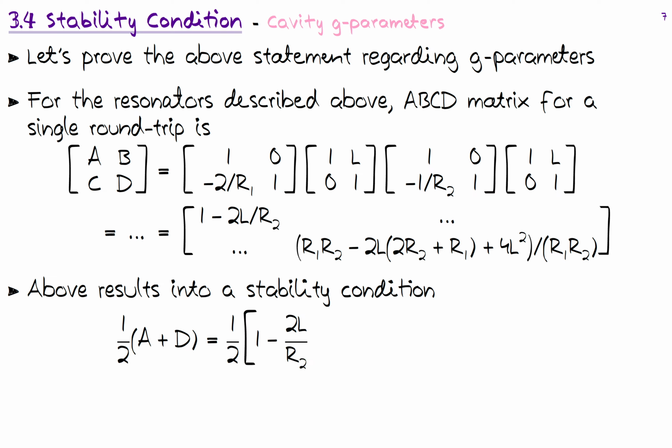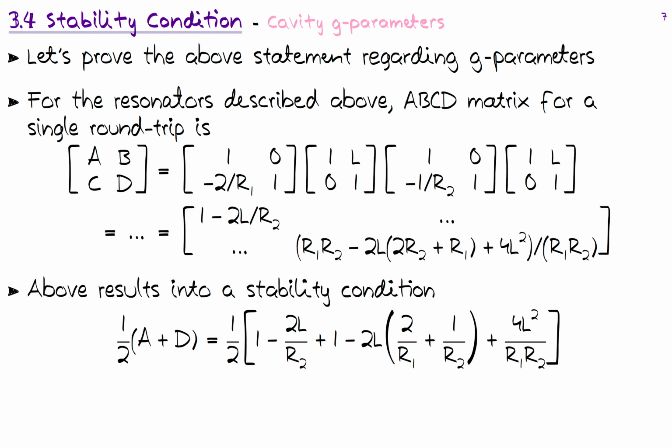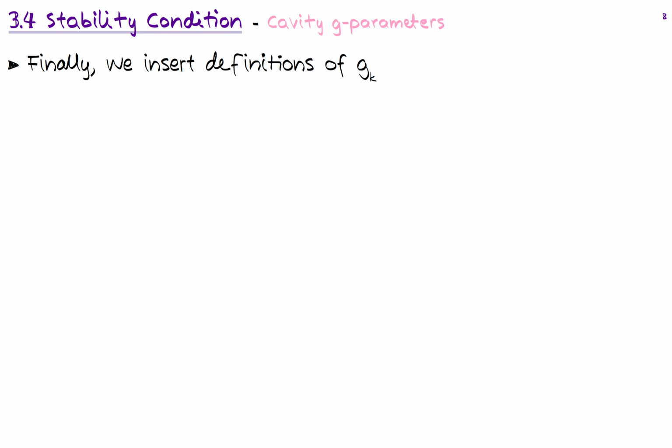Now plugging in the actual values for A and D, we get something like this out of that piece of mathematics. This is the stability condition. And now the beauty of the G parameters starts becoming visible. Finally we can insert the definitions of the G parameters.